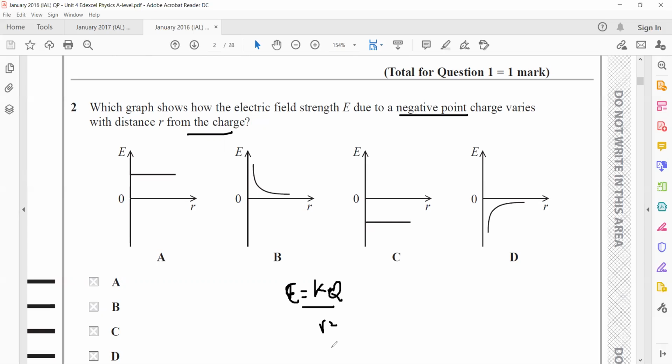Yes, D is the right answer here, because both show an inverse square relation, but one is for positive. The electric field of a positive charge is outward, of a negative charge inward. That's why this is specifically for a negative point charge.